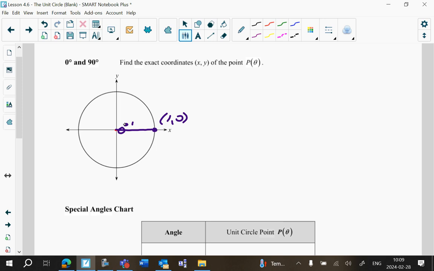What about at 90 degrees? Well, doesn't it go up? Here? That's 90 degrees? No. 0, 0 comma 1.